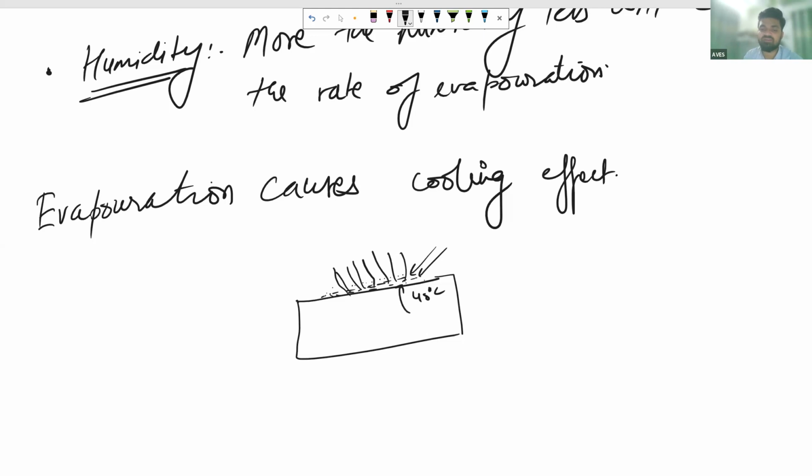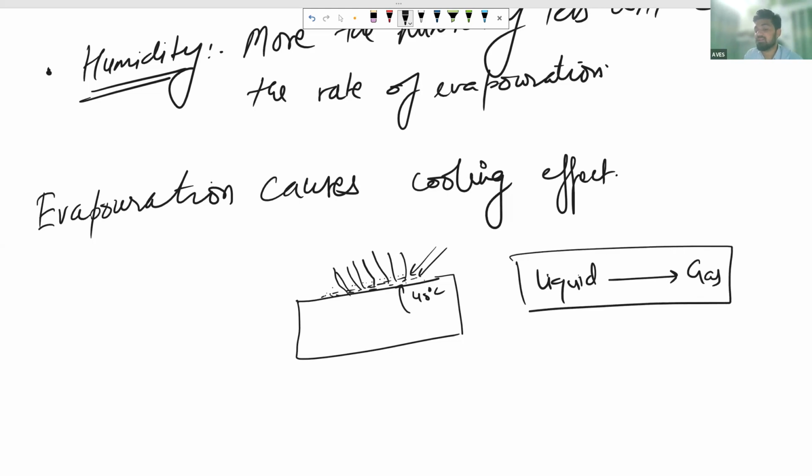When this liquid is converted into gas, it will absorb some energy from the surface on which it is kept, on which the evaporation is done. And if heat is being removed from a surface, then in turn it will get colder.